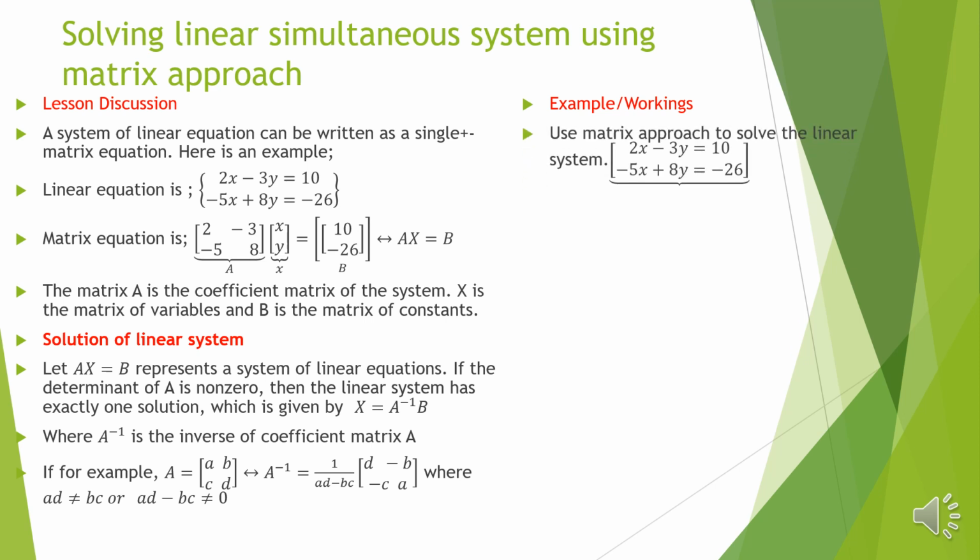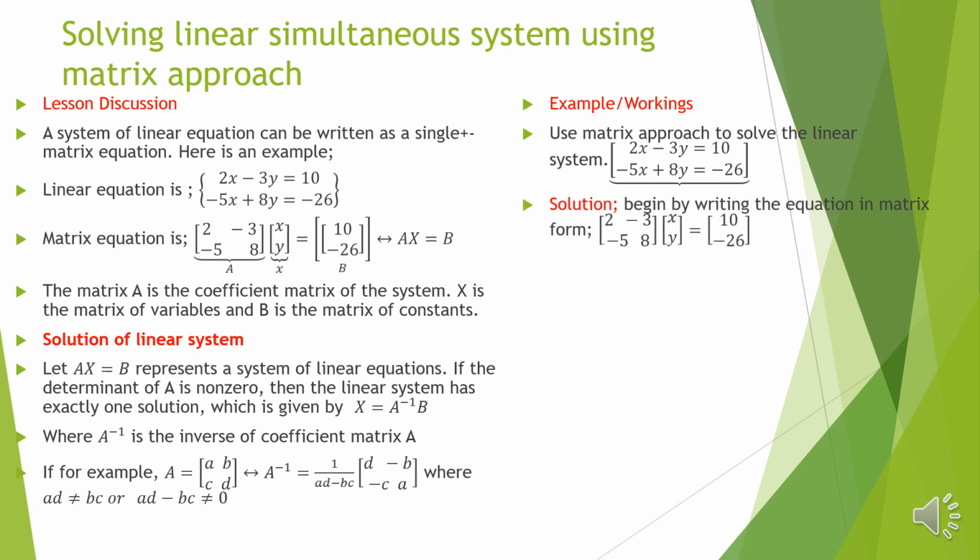Use the matrix approach to solve the linear system below. The equations given are 2x minus 3y equals 10, minus 5x plus 8y equals negative 26. This is a linear simultaneous equation. So the first step is to convert this linear equation into a matrix equation, and this is how we go.